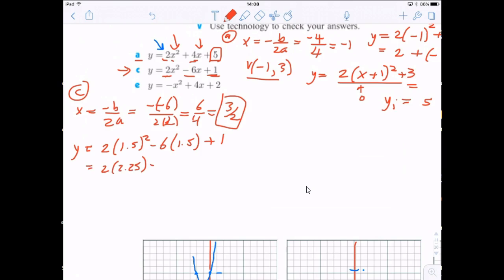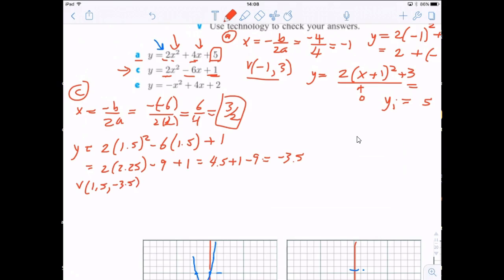You can put that in your calculator and make sure. 6 times 1.5 would be negative 9 plus 1. So that would be basically 4.5 plus 1 minus 9, which is 5.5 minus 9, which would be negative 3.5. So our vertex turns out to be 1.5 comma negative 3.5.